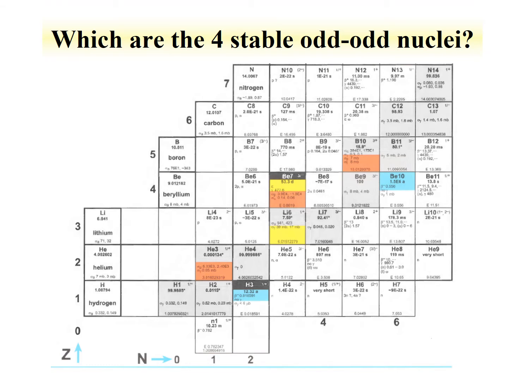So let's start by looking at what are the 4 stable odd nuclei. They happen to be some of the lighter stable nuclei. And if we look at the neutron numbers of the stablest of the elements, well, 1, 3, 5, 7.